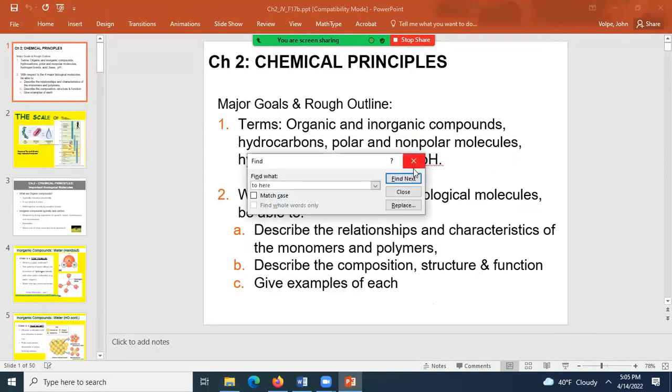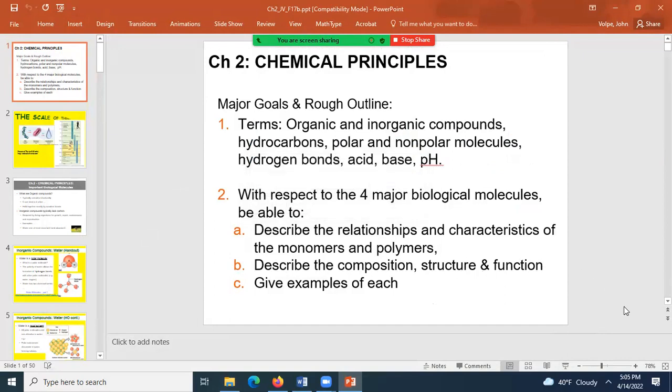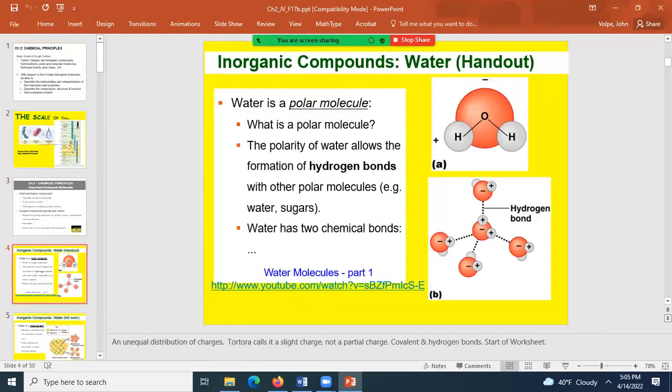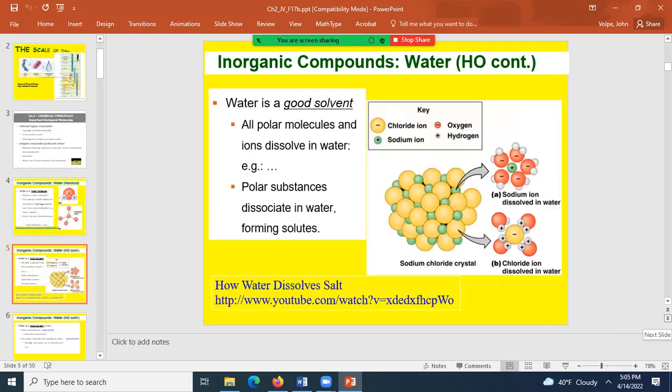I don't mark where we were last time, so let me see if I can remember. I remember we had talked about water. Yeah, we had just stopped talking about water. So I talked about this slide here. Yep. Okay, great. All right. Let's talk about a few of the properties of water because water is an important molecule for life.